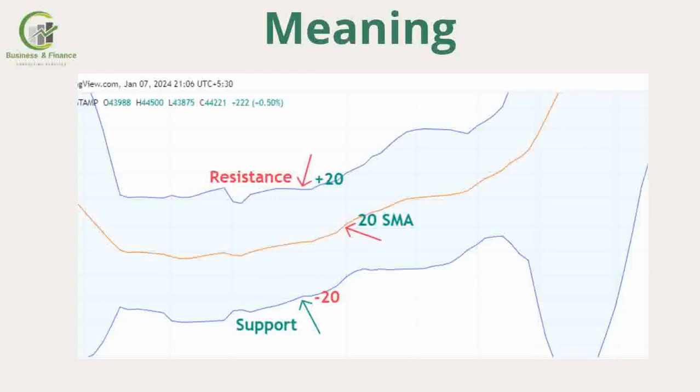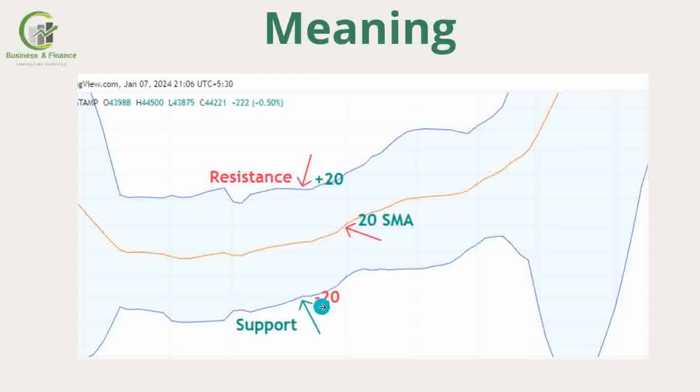So Bollinger Bands has three lines. In the middle, as you already know, is the simple moving average, the 20 SMA. The upper side has a deviation of plus 2 from the 20 SMA, which will act mostly as a resistance.